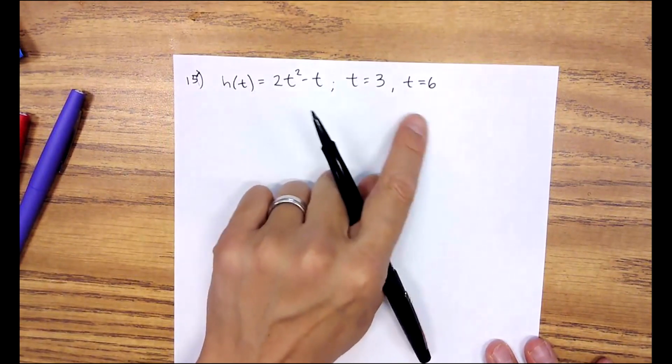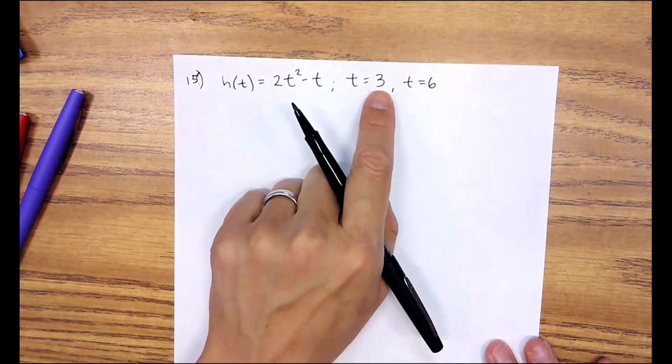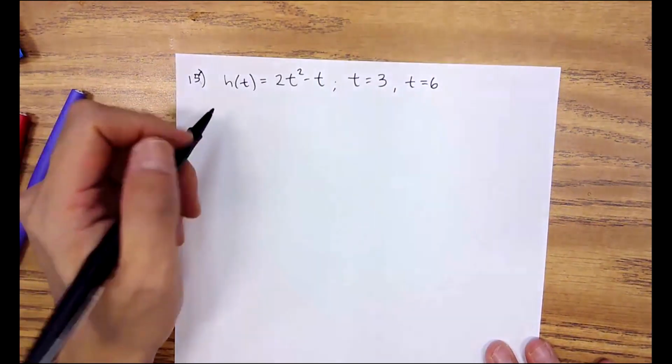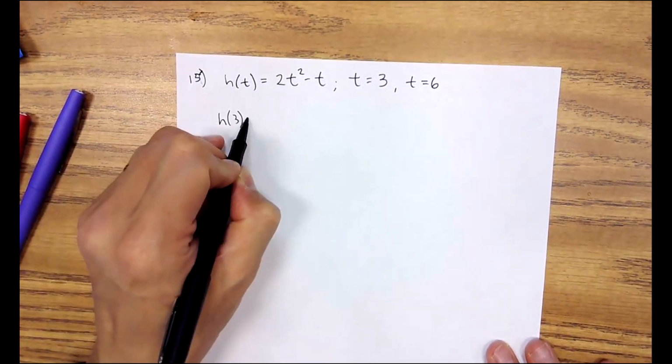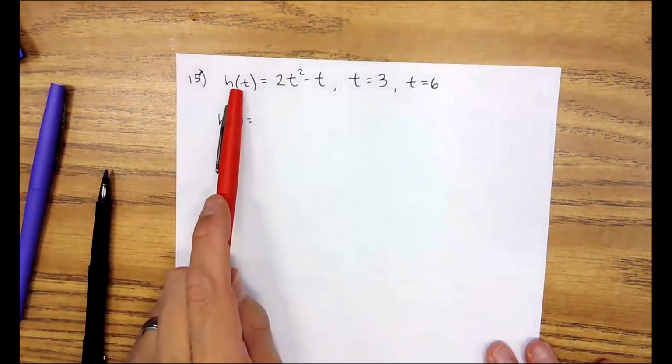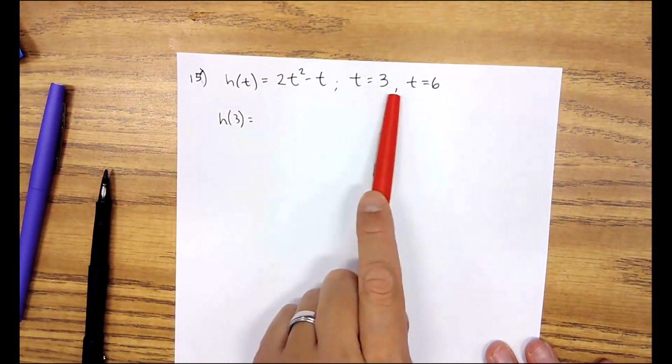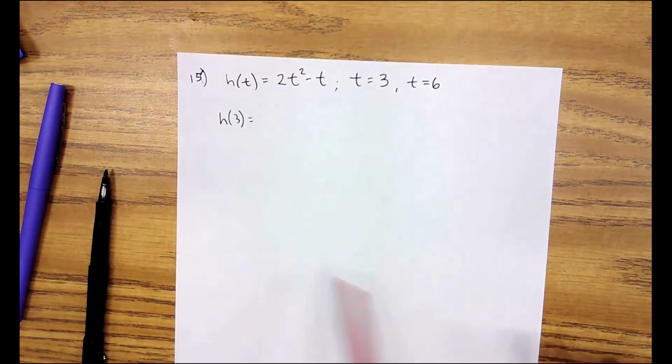How do I get the y values if t equals 3? What am I going to do? Plug it in. So h of 3 equals, notice that it's h of t. So I just put t equals 3 into my function.